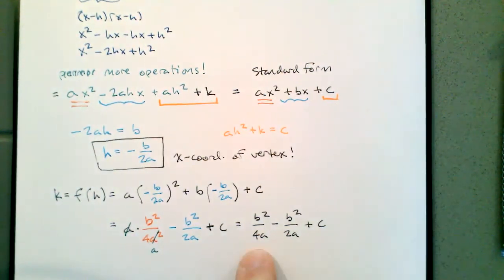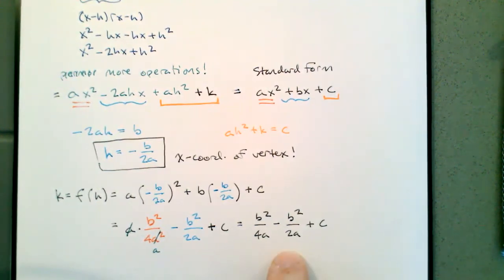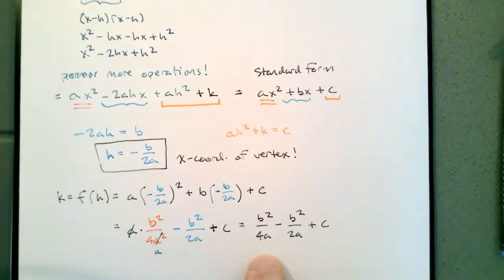Now, these two have the same constants, a and b, and the same exponents, but different coefficients. So I have b squared over 4a minus b squared over 2a. I can add these together if I get a common denominator.